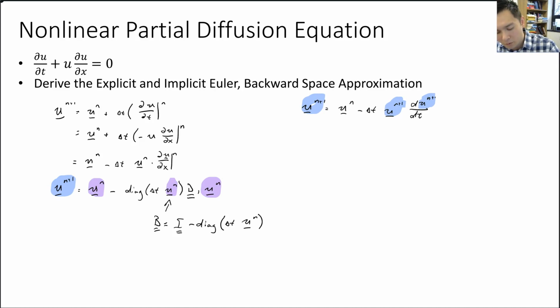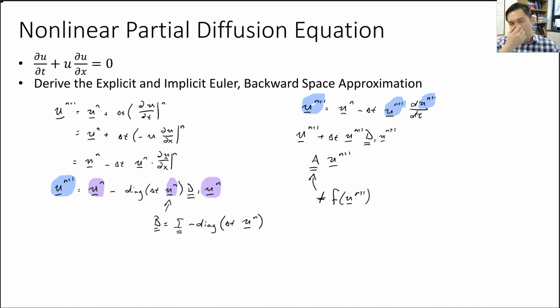And there's no way, once we rearrange this, I can't produce an A matrix times a u^(n+1) vector where A is not a function of u^(n+1). Our coefficients are forced to be a function of u^(n+1). So this causes a problem.